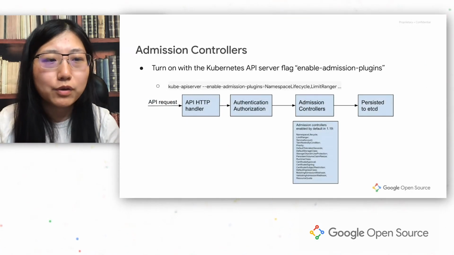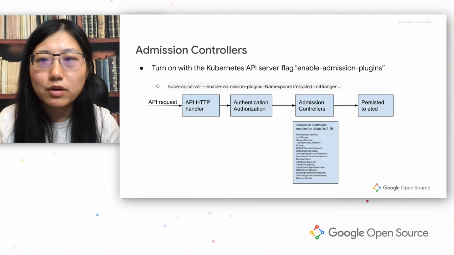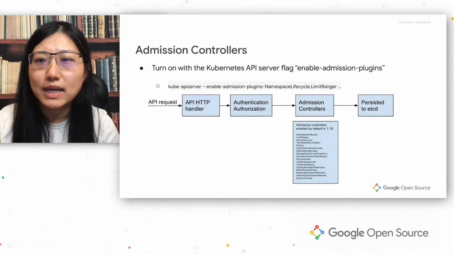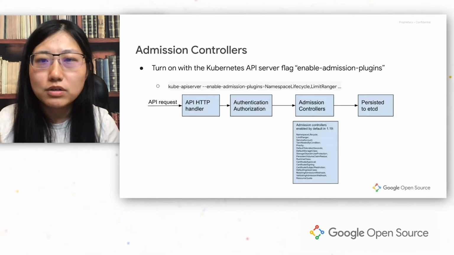Here is an overview of the API request lifecycle. To understand the admission webhooks, first, we need to understand what the admission procedure in Kubernetes is. An admission controller is a piece of code that intercepts requests to the Kubernetes API server prior to persistence of the object, but after the request is authenticated and authorized.